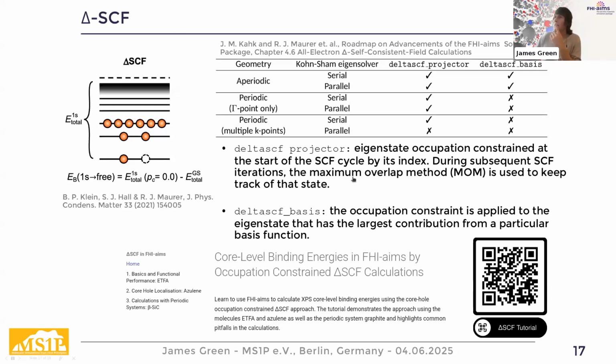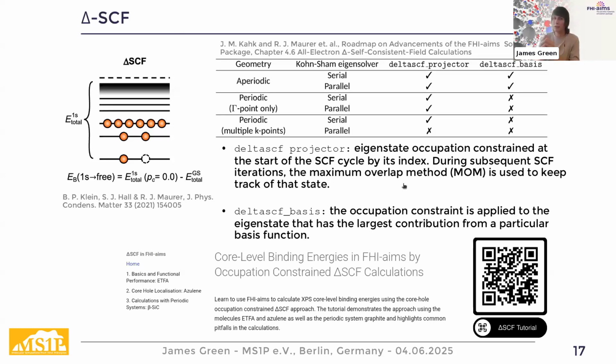Yes, so the delta SCF projector method has this maximum overlap method implemented in it. So the idea is that the state that you choose at SCF step 1, even if it changes order later in the SCF, is still kept as being the one you want to fix the occupation of later in the SCF.